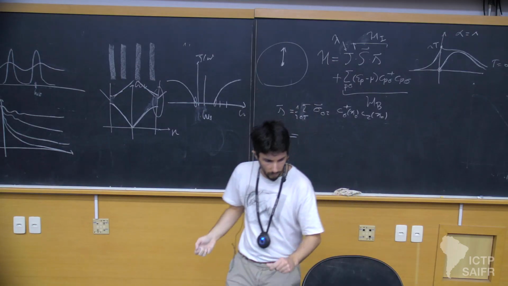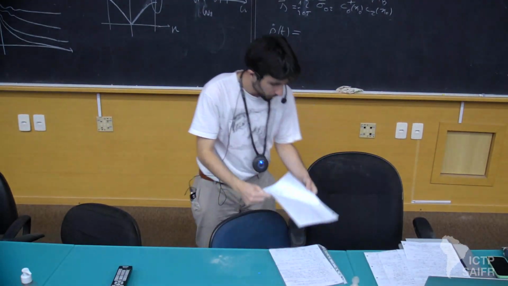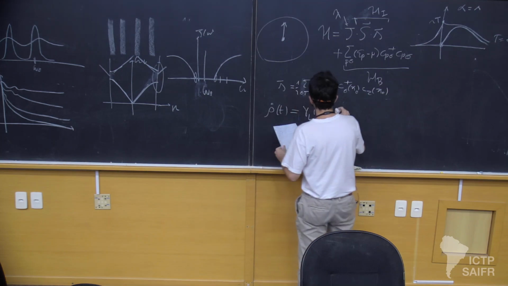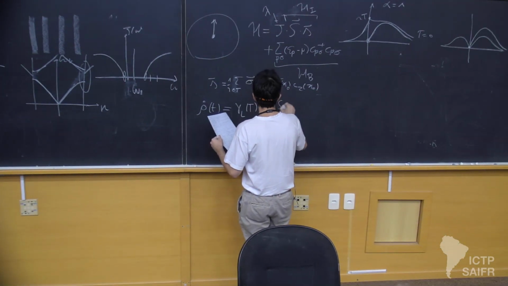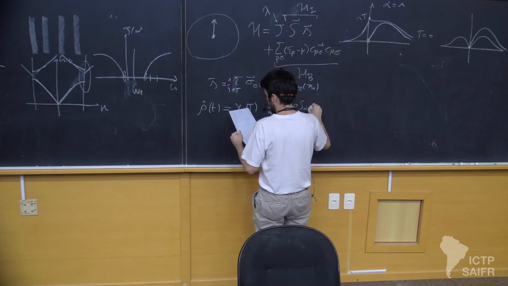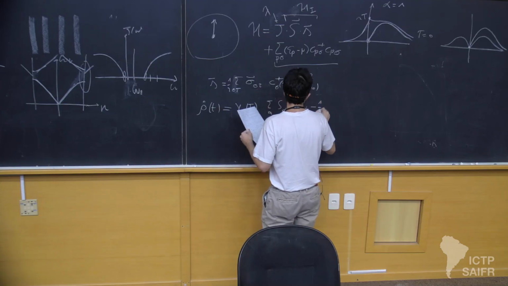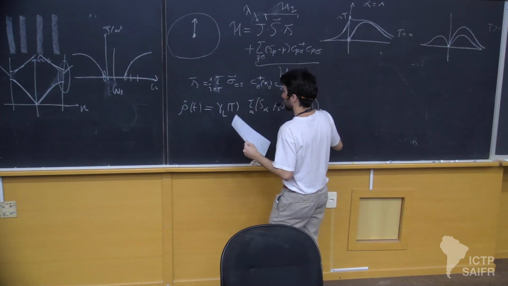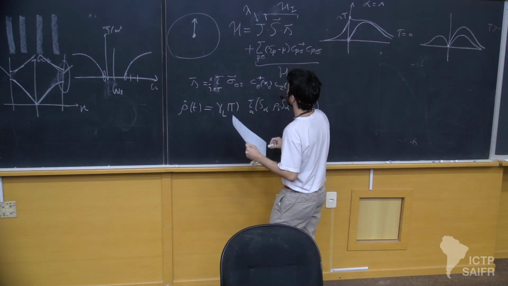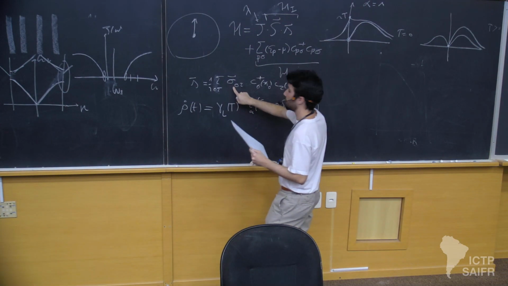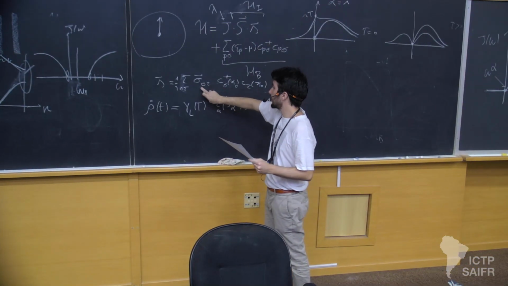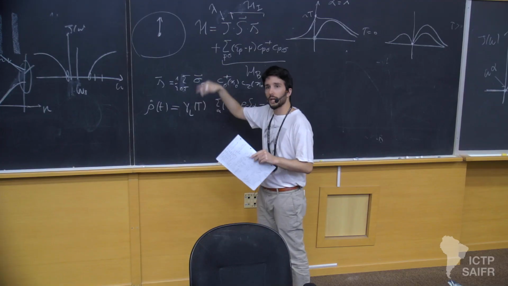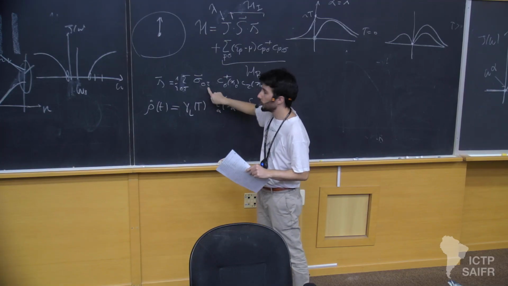These ones are the spin components, sorry. Sigma and tau are up and down for the spins.